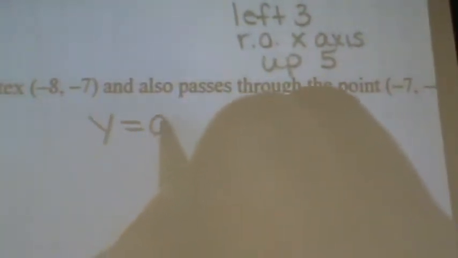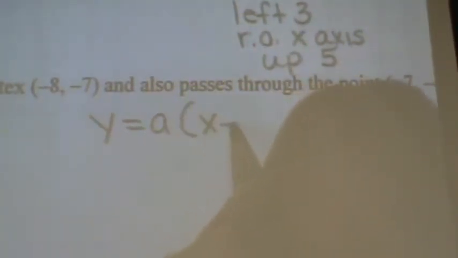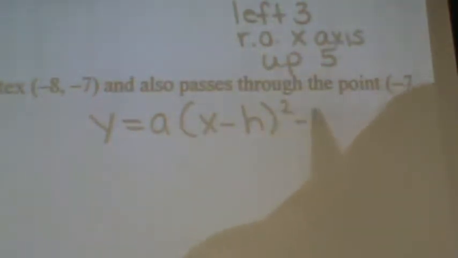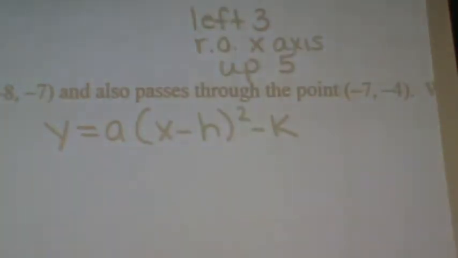You have a parabola, and they give you the vertex and a point that it passes through. So here's your little recipe card. What do I do with this? You just need to know what H, K, X, and Y are.